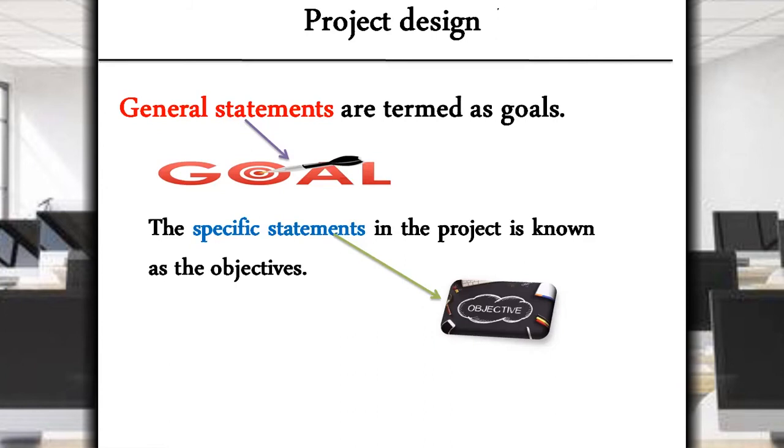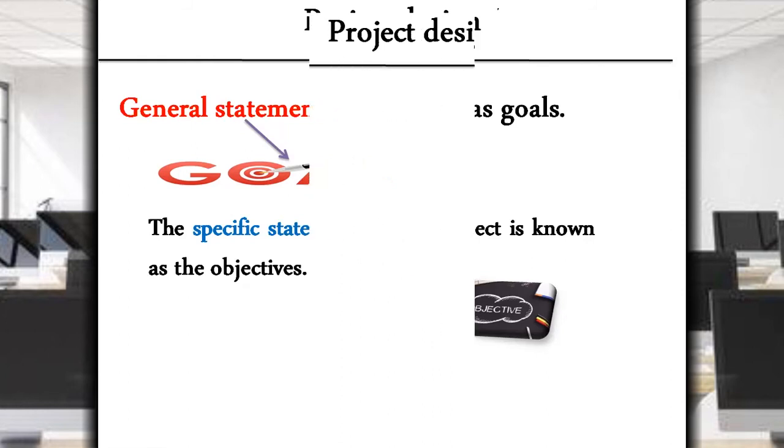So, what are specific statements then? Somebody may insist you catch so and so bus. Even a bus number is given to you. Please catch 7M or 7H or something like that to reach Annanagar. So specific statements in the project are known as objectives. General statements are known as goals.